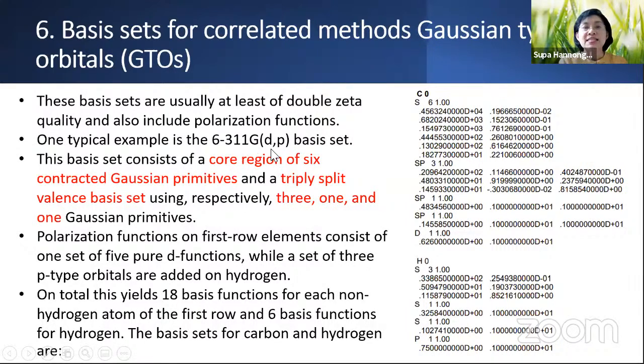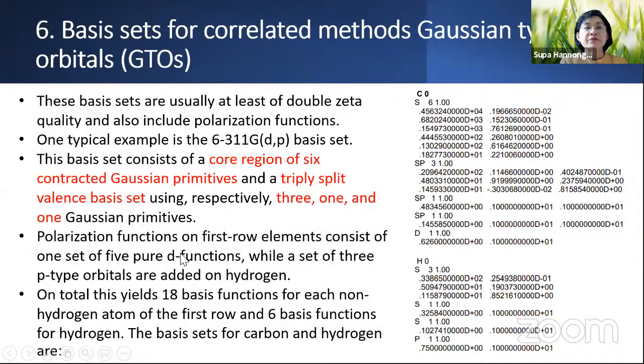6-311G(d,p) basis set. The basis set consists of a core region of 6 contracted Gaussian primitives. You may remember that. And a triply split valence basis set using 3, 1, and 1 Gaussian primitives.